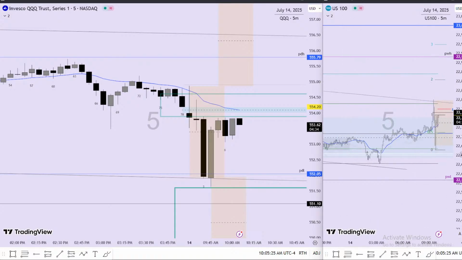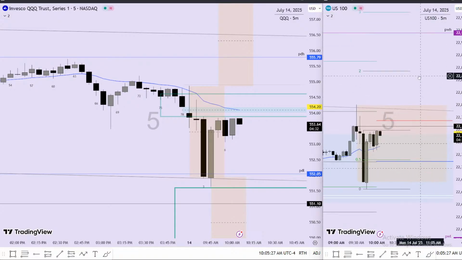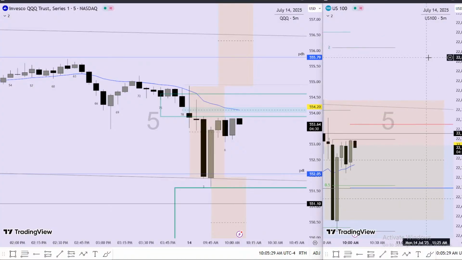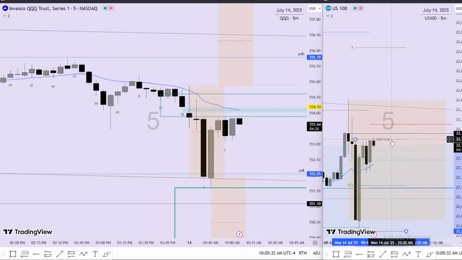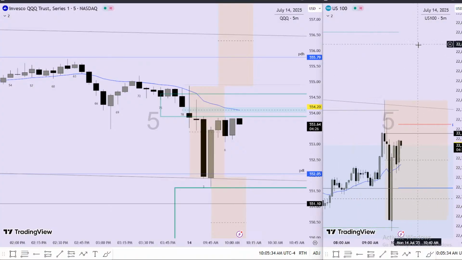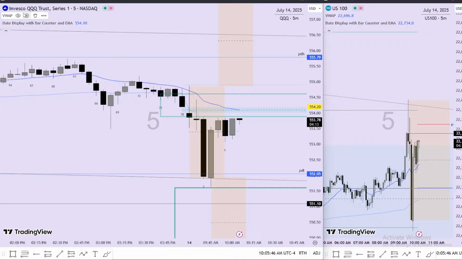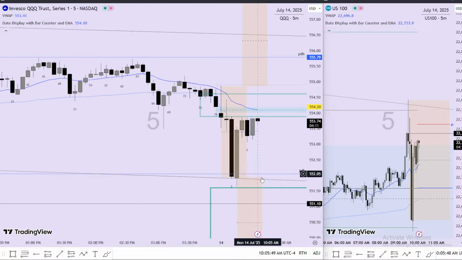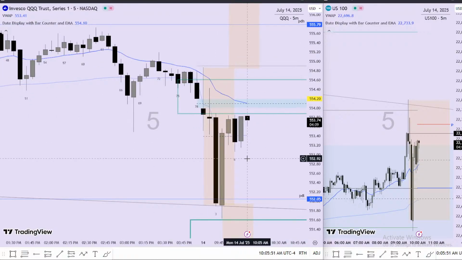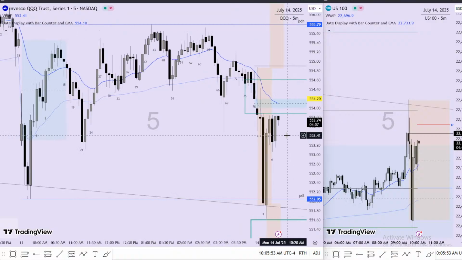This is the next target. Way above the VWAP. Oh, nice. We are above the VWAP. That's nice.